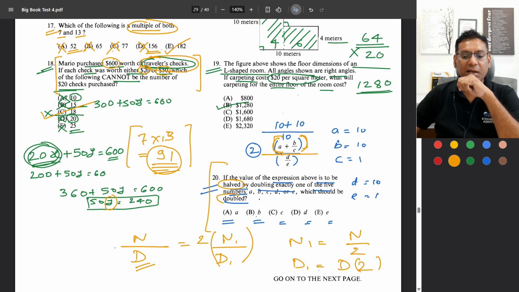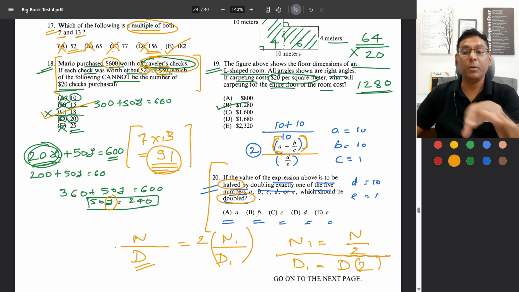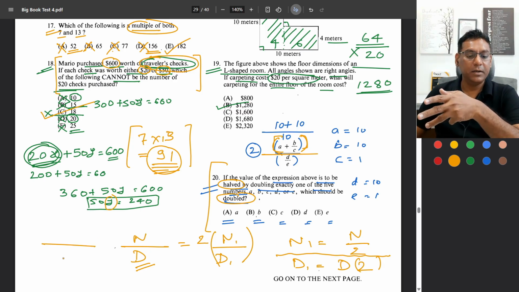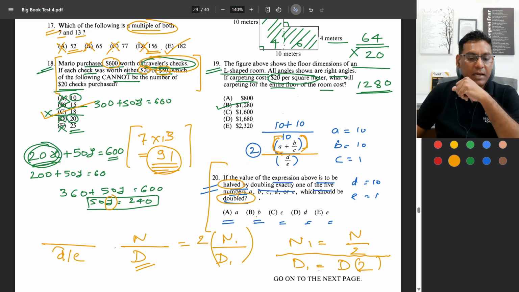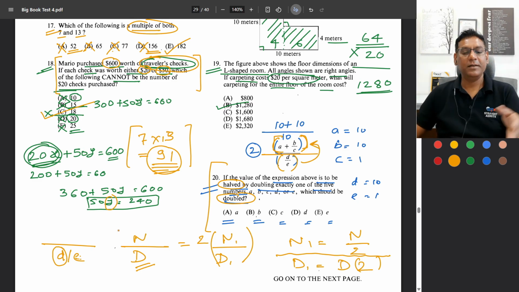And what are they asking? They are asking me to double something. That means it has to be the denominator that I have to double. And there are two quantities in the denominator, D slash E. Which one will I double? I'll double this one, because E is in the numerator only, since it is in the denominator of the denominator.